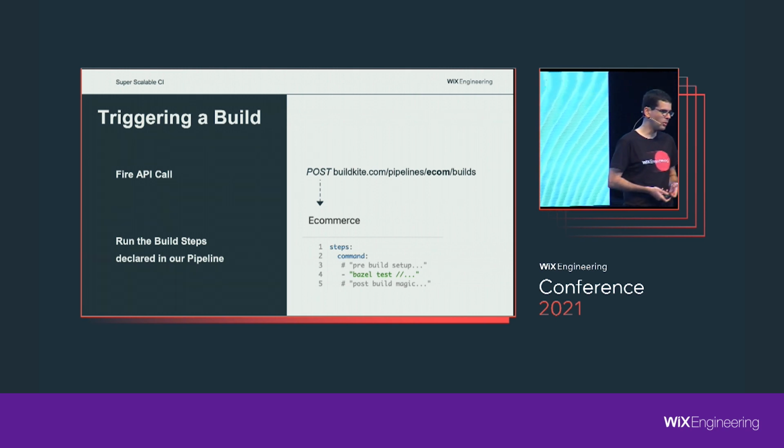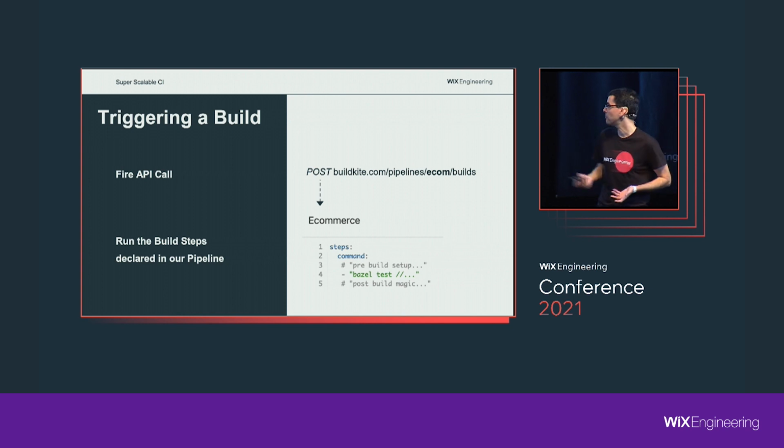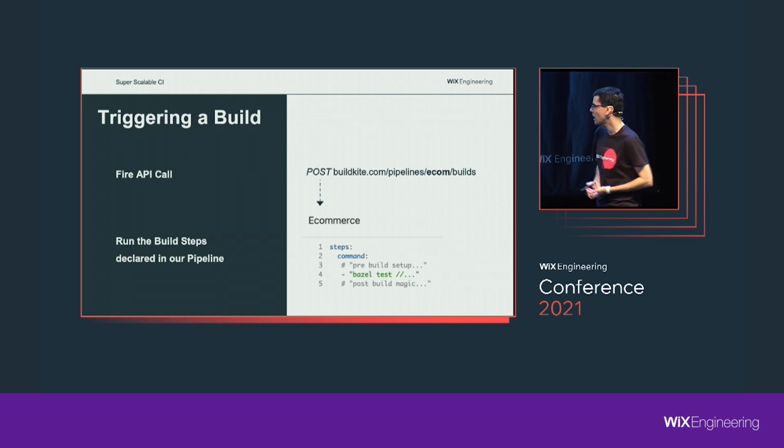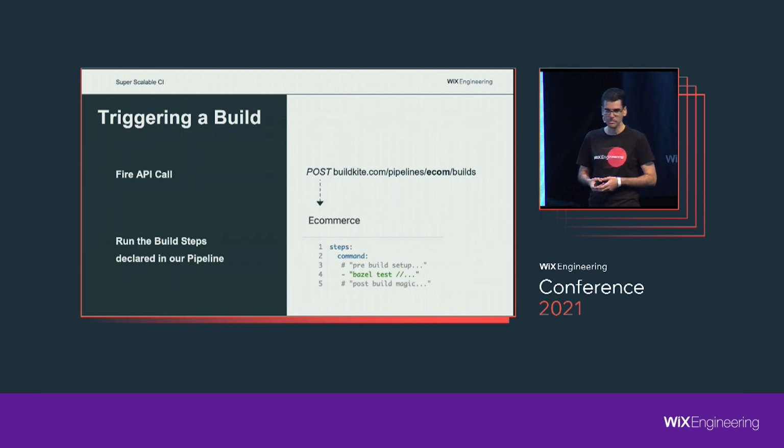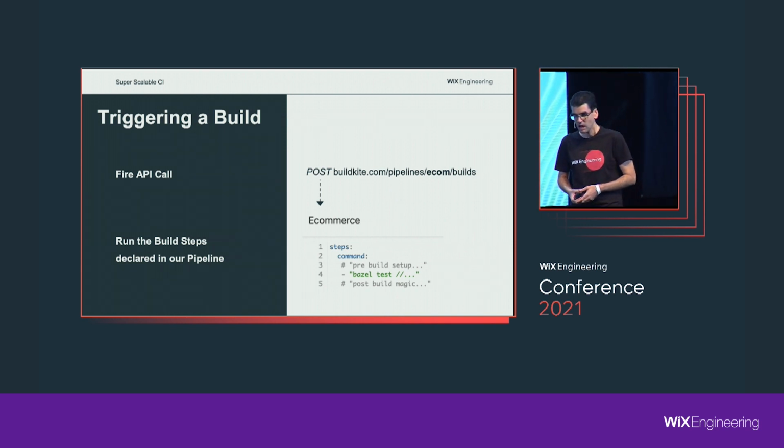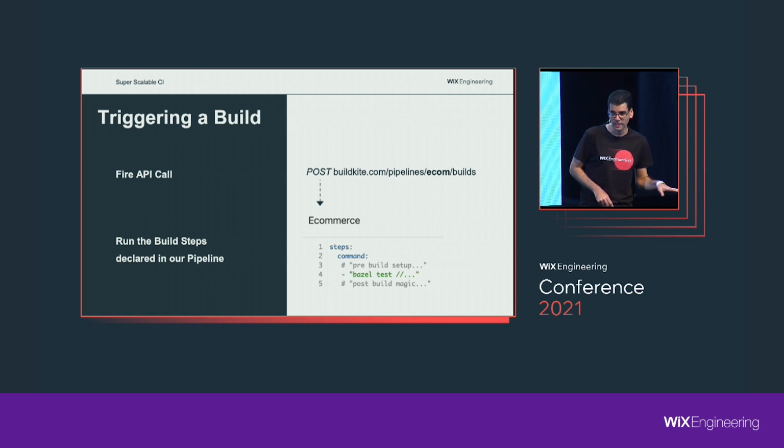We will probably want to do some pre-build setup, download scripts, and then run Bazel, right? Bazel test //... that runs Bazel on your working directory, and then do other magic after the Bazel run is completed.